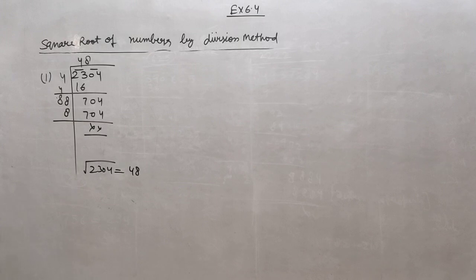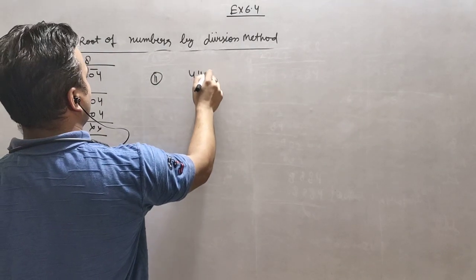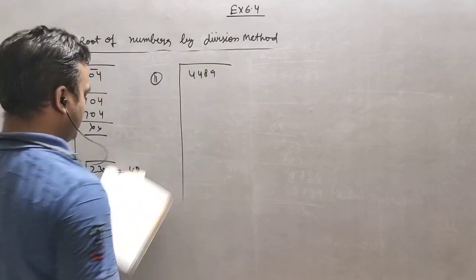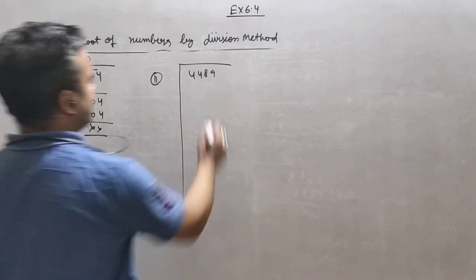Now, I think the second part is also the same, 4489. Because there are 4-digit numbers, I think they are easier, because in one or two steps you will get the answer.